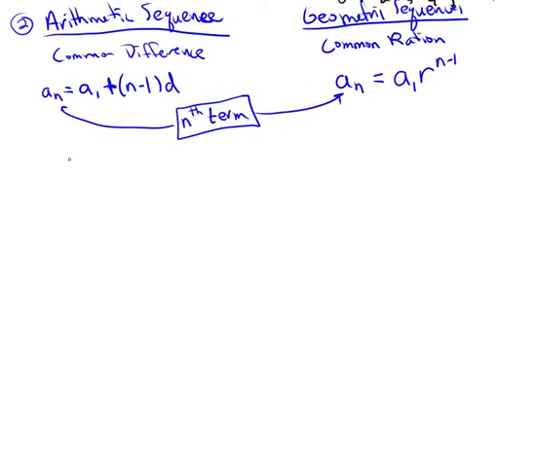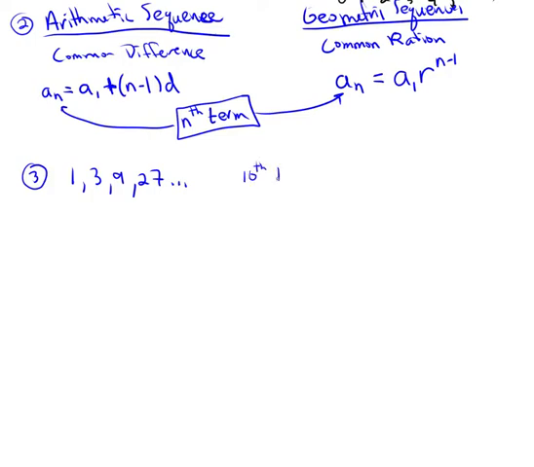So if we continue for more examples, example number 3. So let's take a look at 1, 3, 9, 27, and so on. And we want to find the equation of the geometric sequence, and we want to find the 10th term.